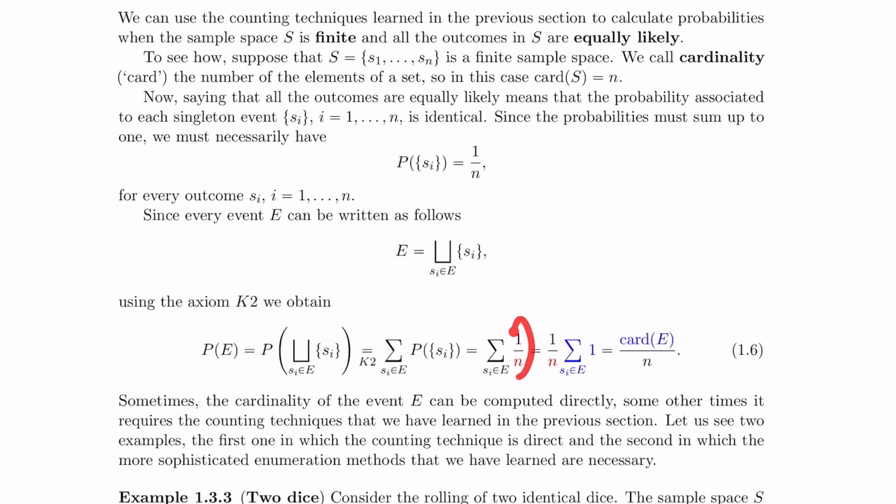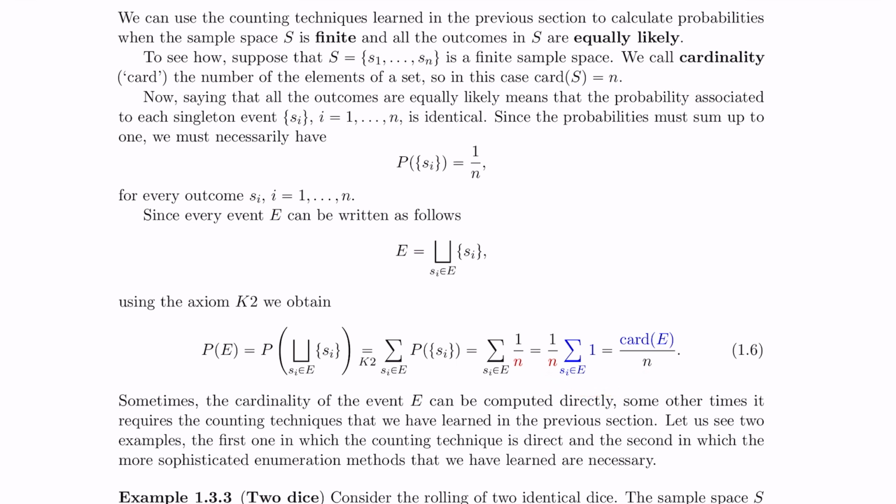But since 1 over n is a constant, we can take it off the sum, like this. And we are left with the sum of 1 as many times as the number of outcomes in the event E. This is precisely the cardinality of E that we have to divide by n.